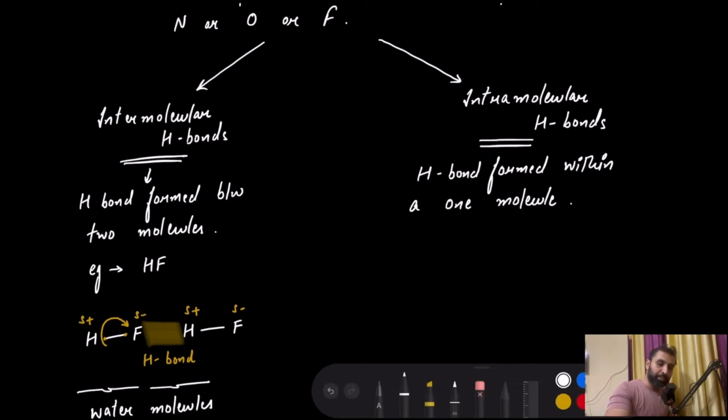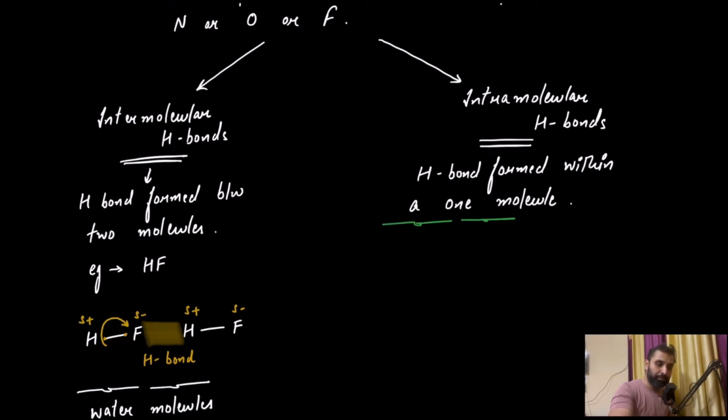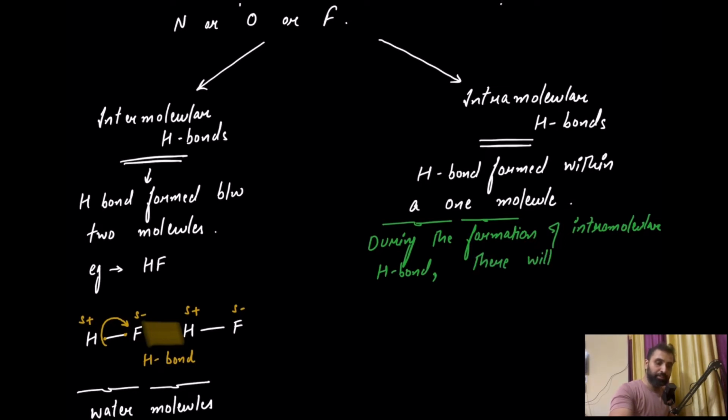I'm mentioning one very important point. During the formation of intramolecular hydrogen bond, there will be formation of five or six membered rings only.